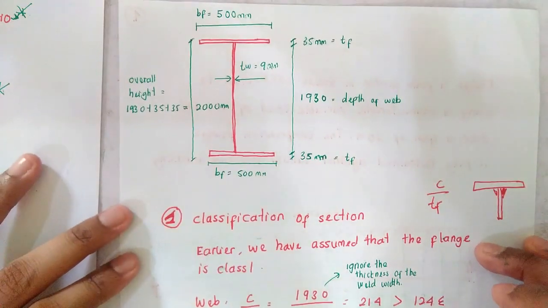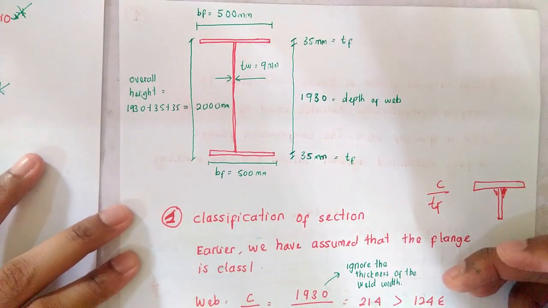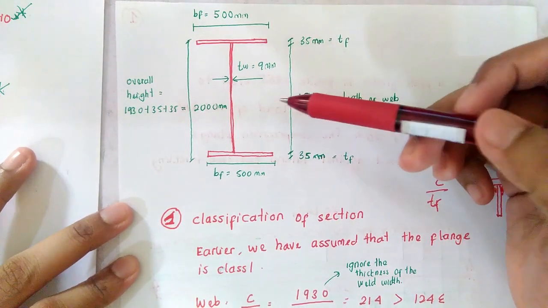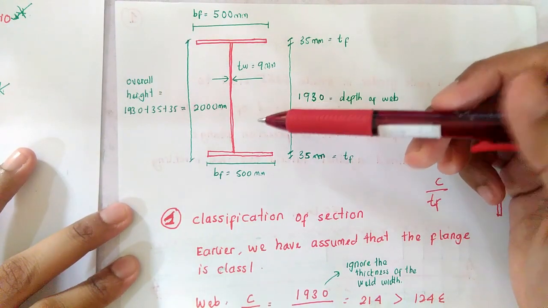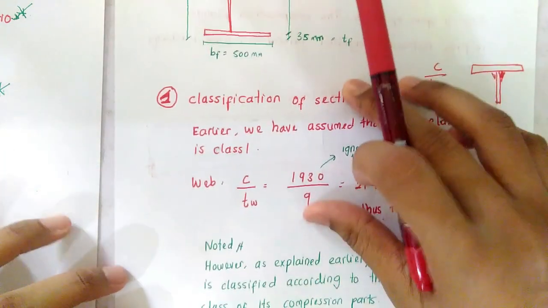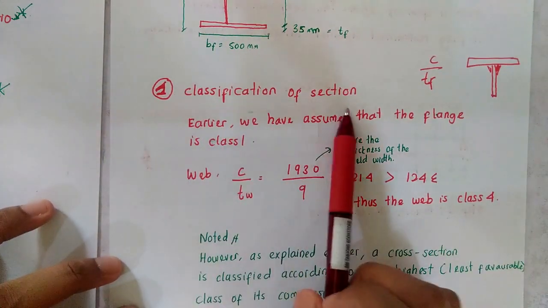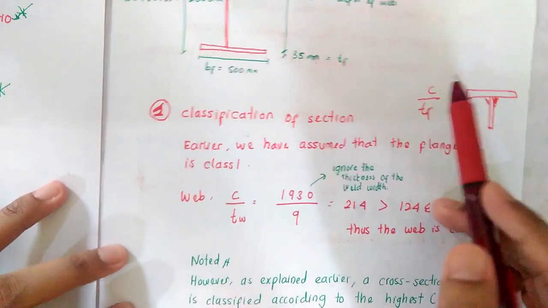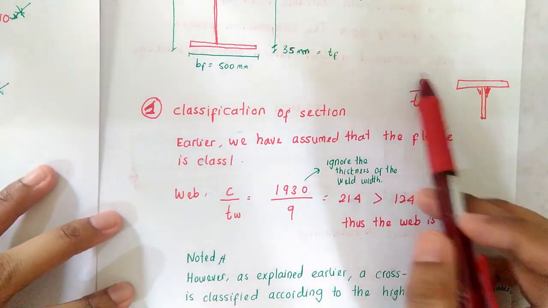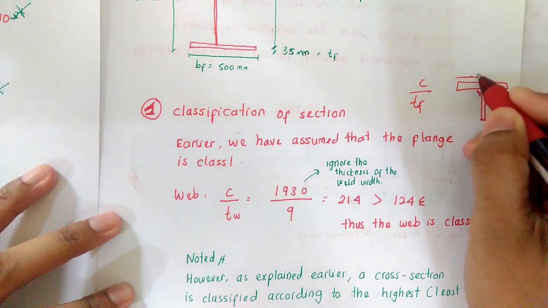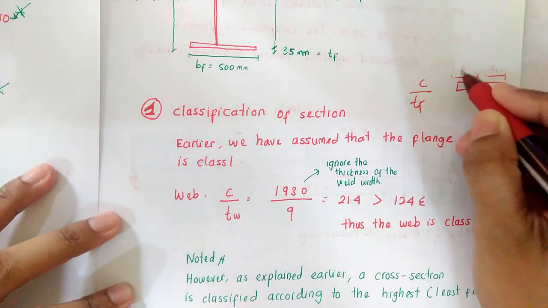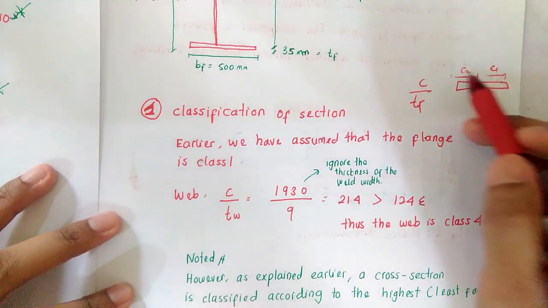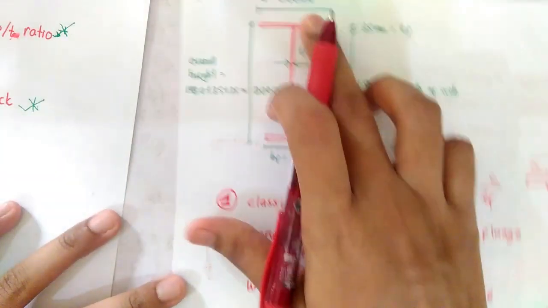Okay, class. So just now we have completed the allowable check for the proposed plate girder, and we already found out that it is satisfactory. So now we move on to the next check, which is the classification of sections. If you still remember, you can recall back earlier, table 5.2, c over tf, where we tried to find this length c1 and c2 in video lecture 1, and we finally found the total b, which ended up with 500.